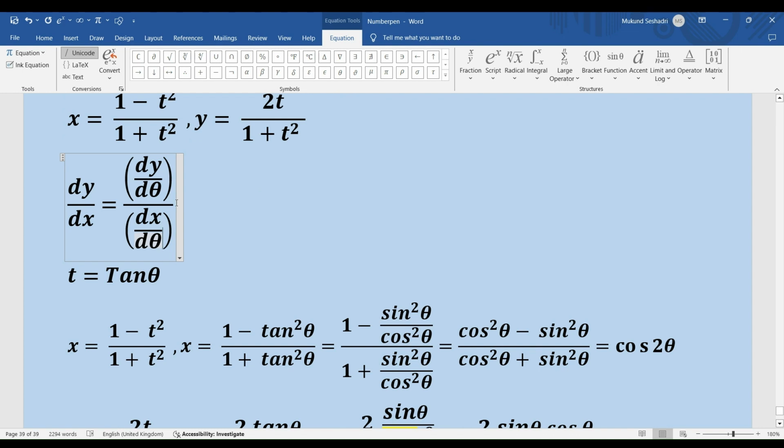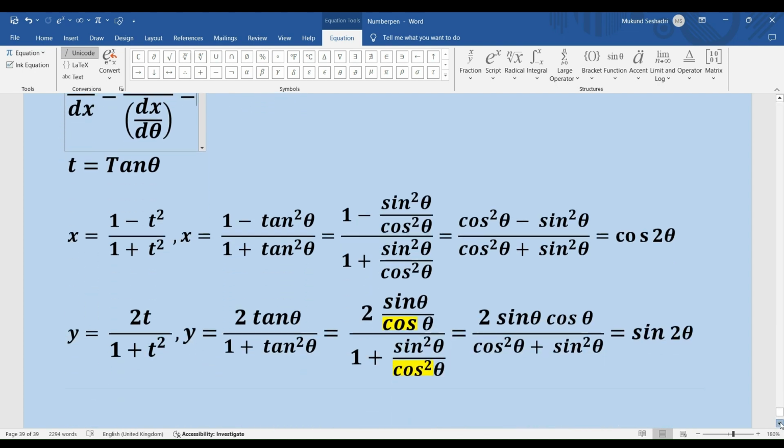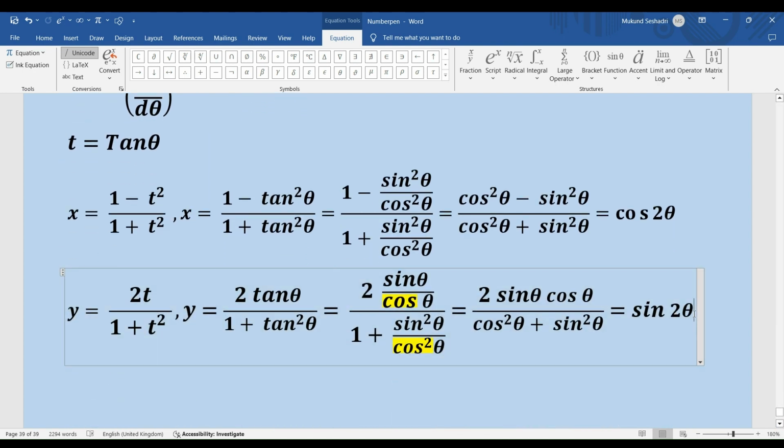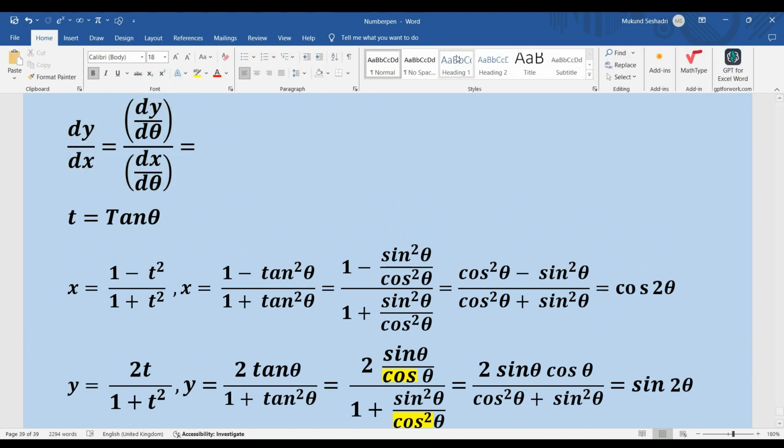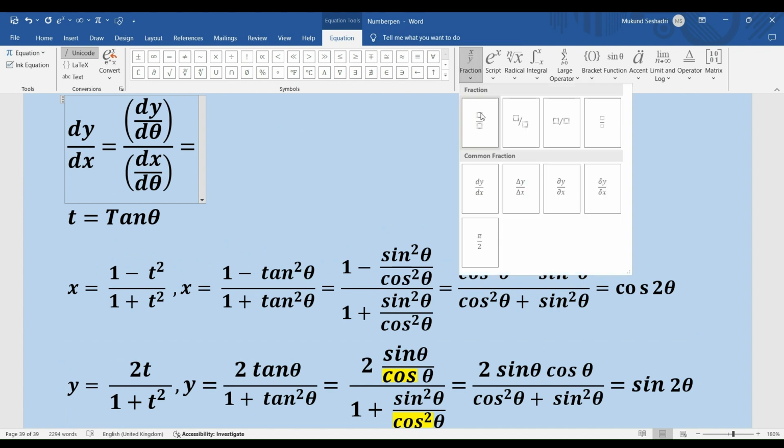So now I have my dy by d theta from this expression. Because I have arrived at y in terms of theta, my dy by d theta will be 2 times cos of 2 theta, and that's again from chain rule.